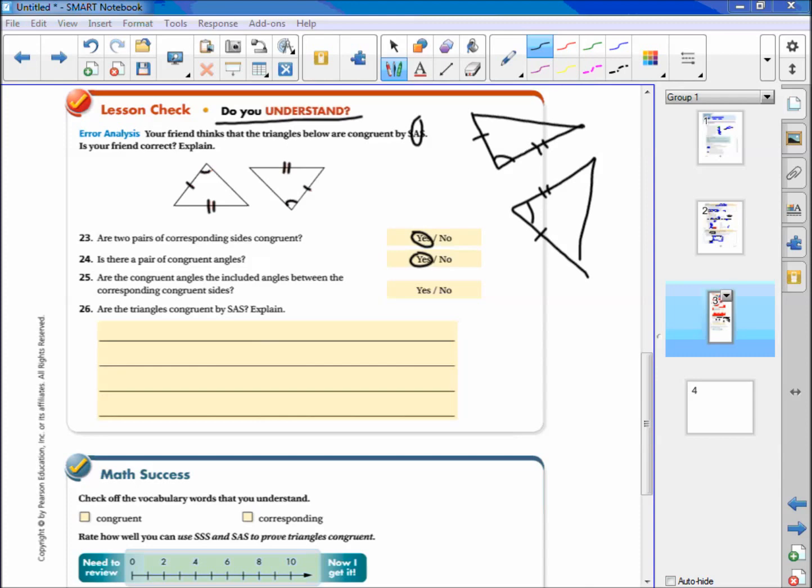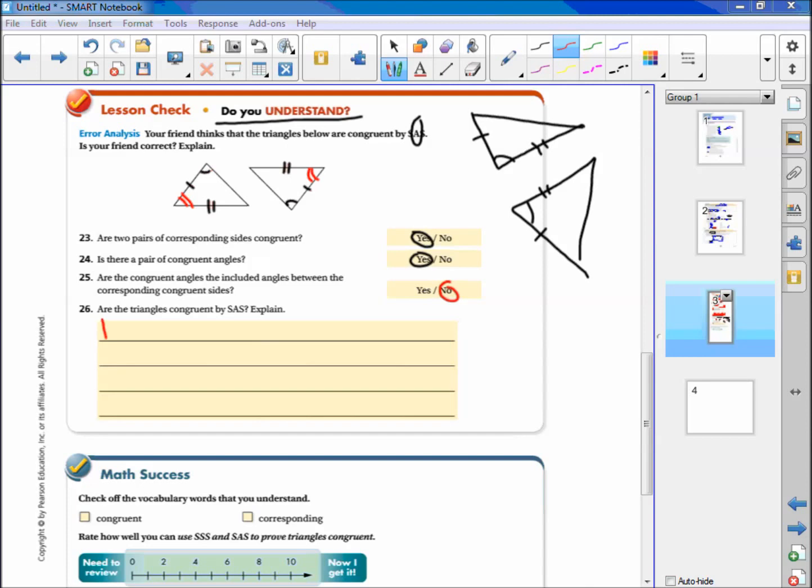So are the congruent angles the included angles between the corresponding congruent sides? And this answer is no. What we really would need is this angle and this angle marked congruent if we wanted to use SAS. So are the two triangles congruent by SAS?